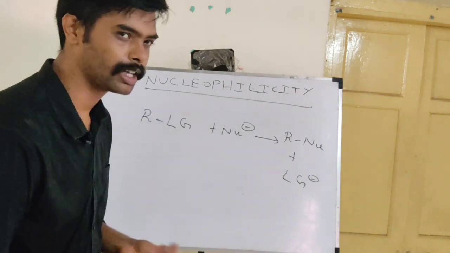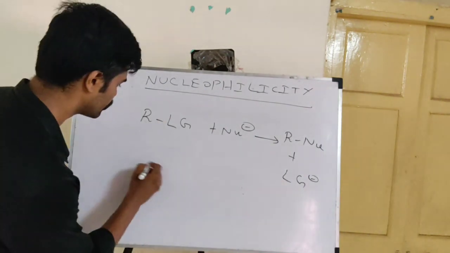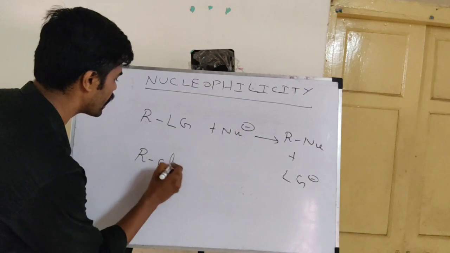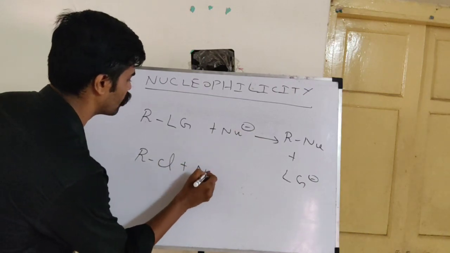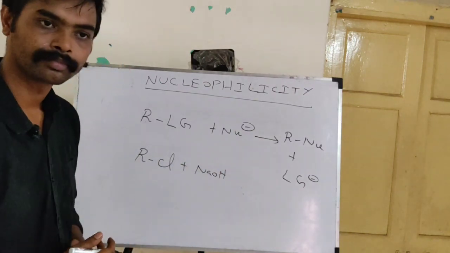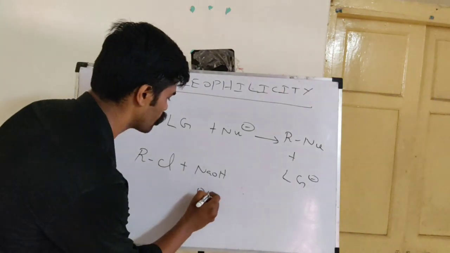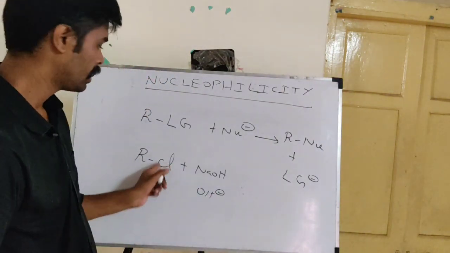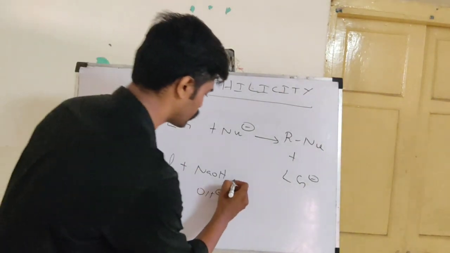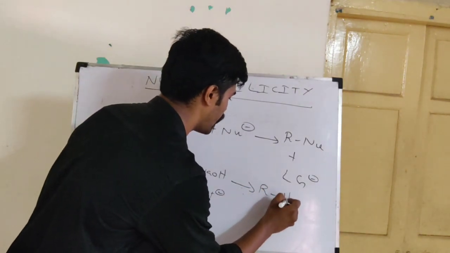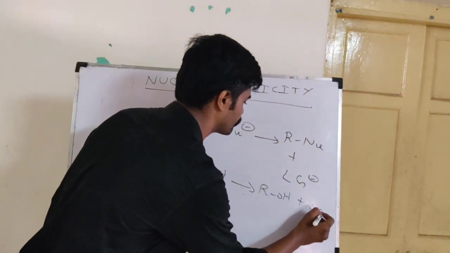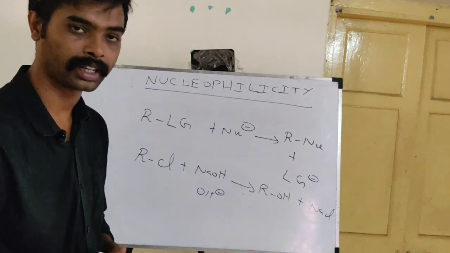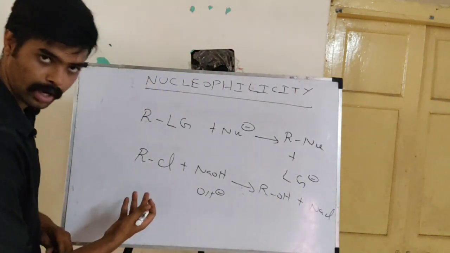Now let me give some interesting facts. Say for example, I have RCl and I put NaOH. So you can understand that the incoming nucleophile is going to be OH minus, and Cl minus is going to get replaced by this. So I am going to have ROH plus NaCl, right? Now I will do one more thing.